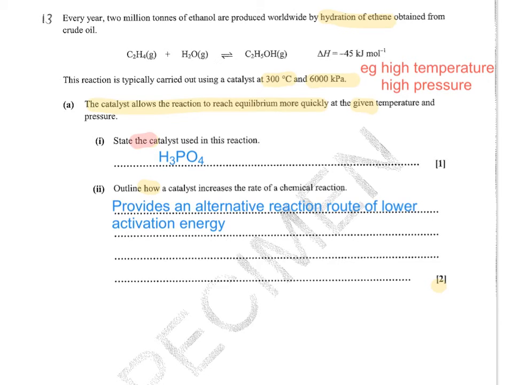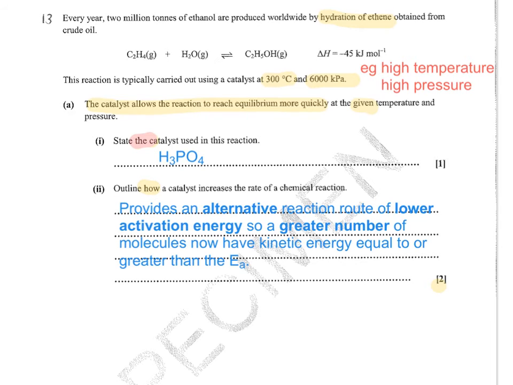So the consequence of this chemically is that more molecules now have kinetic energy greater than or equal to the activation energy. So you need to follow it up with a chemical consequence for the rate of reaction. Not just that there's a reaction route of lower activation energy, so what does that actually mean in terms of the kinetics of the reaction?